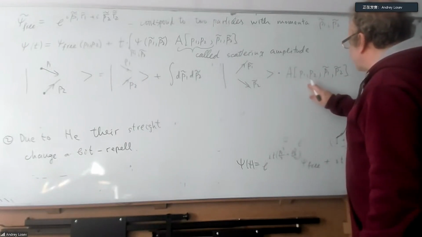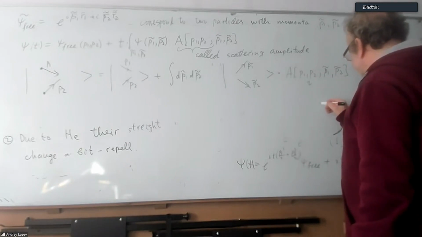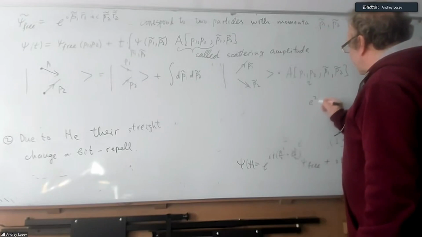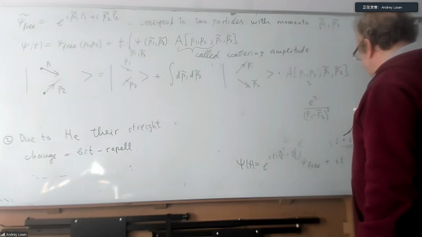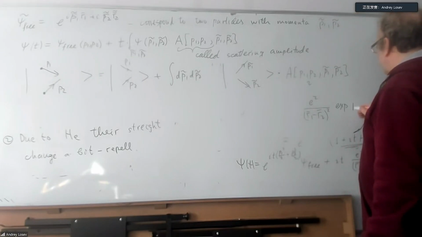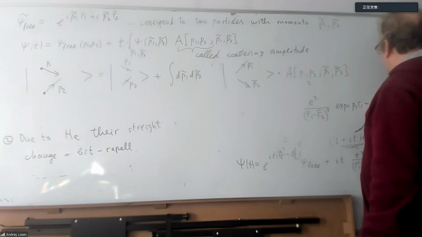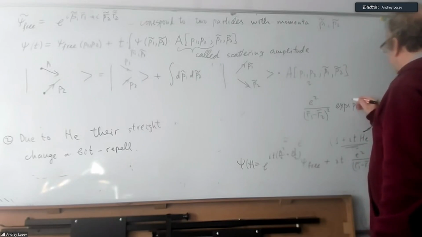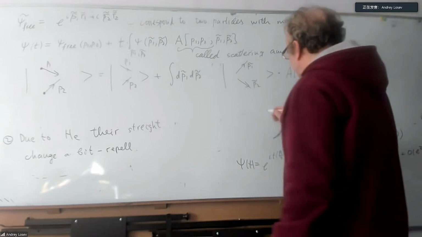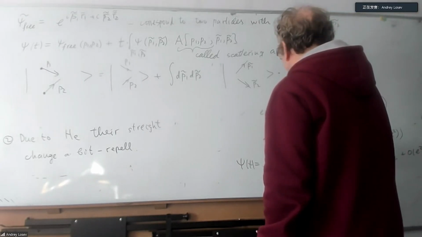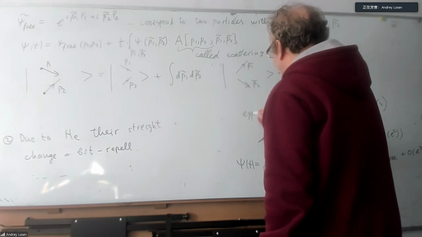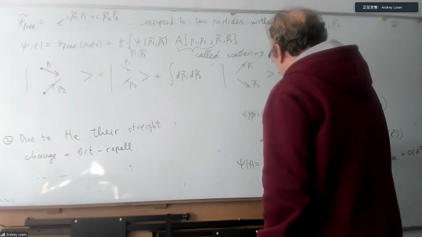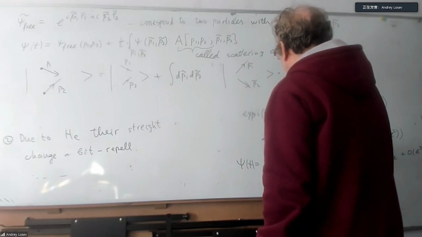This A is, roughly speaking, e squared over |R1 minus R2|, exponential of i(P1 R1 plus P2 R2), and here is exponential of i(P1 tilde R1 plus P2 tilde R2).